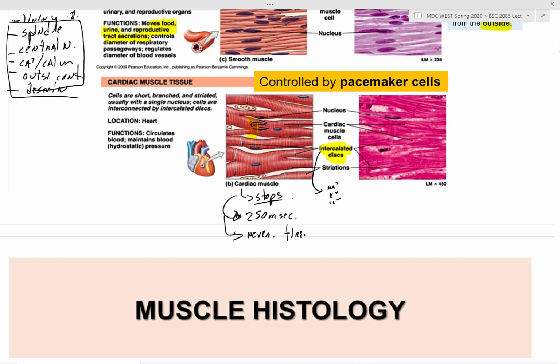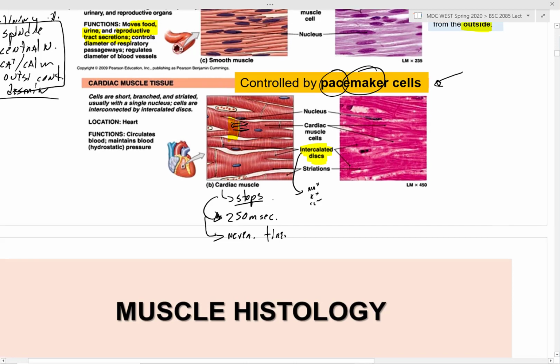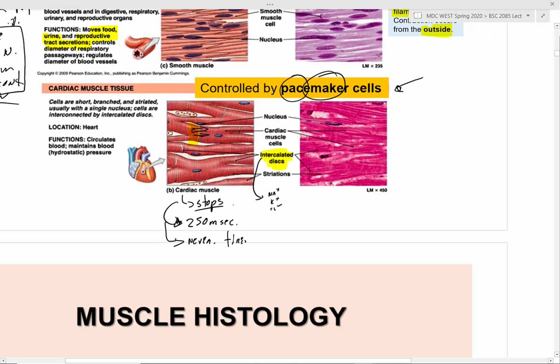So your heart is controlled by its own pacemaker. And you guys know this. What is the pace of your heart? I'm going to do it in a different way. What is your heart rate? What is your normal heart rate? 60 to 100.